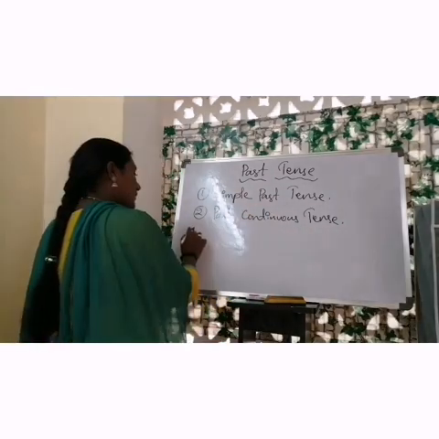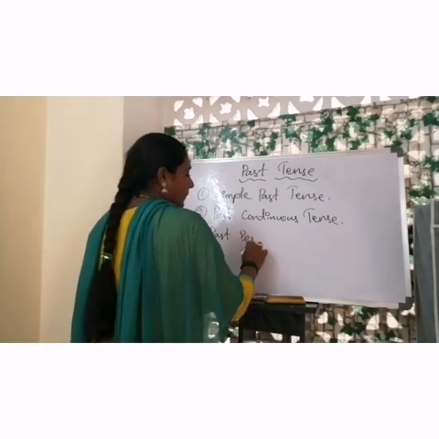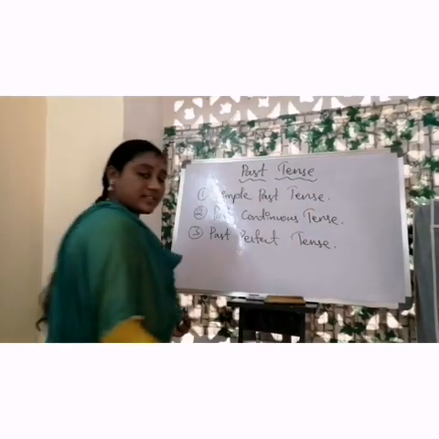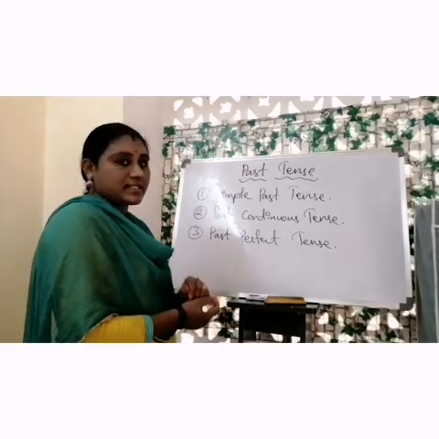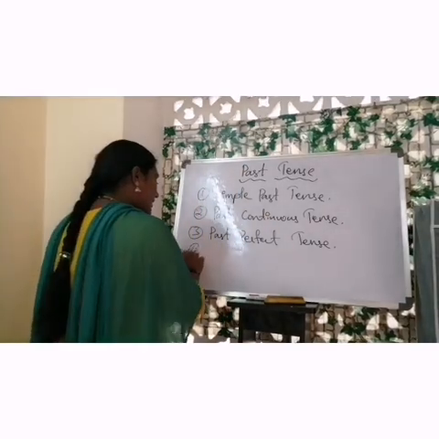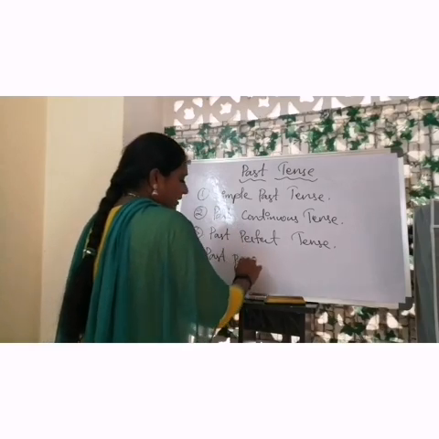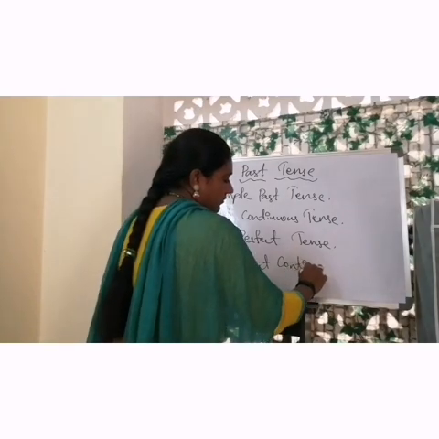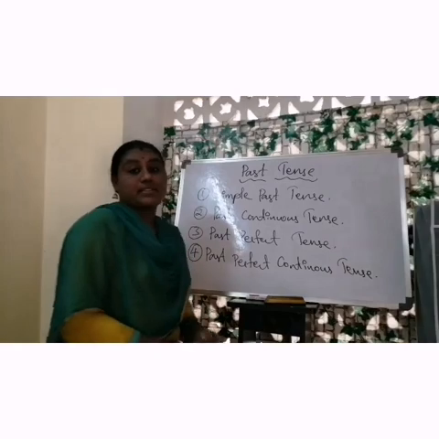And the third type is past perfect tense. This is the third type of past tense. And the fourth and last type is past perfect continuous tense.